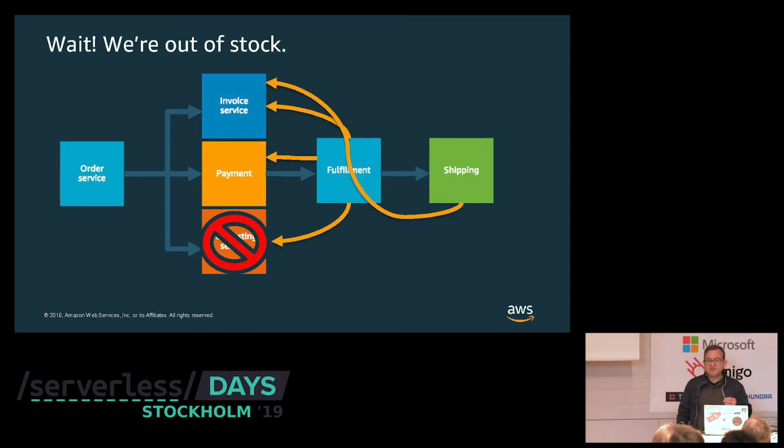Well, the fulfillment center may have to send a message to the order service, and then they send a message to payment because they have to reverse the payment or issue a part credit or something like that. And then the shipping service has probably already been told because it was a physical problem, not a problem with the software. So fulfillment sent a message to forecasting that, hey, we've got a problem, that number's not right anymore.